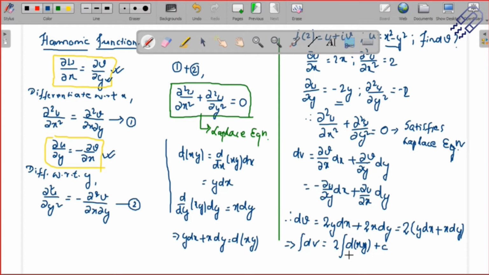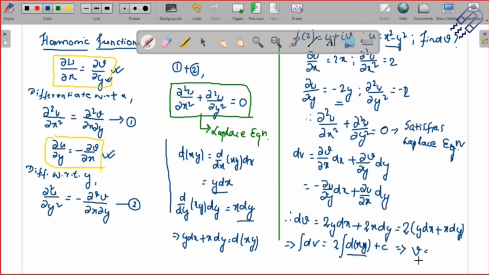See this, if you expand this, you're going to get y dx plus x dy, based on this idea. Here I'm just taking x as constant and y as constant, that I'm showing separately. But if both x and y are variables, you have to differentiate by parts, and then you add this, you get d of xy plus c. You get integration here, and then you can simply write down what is my v.